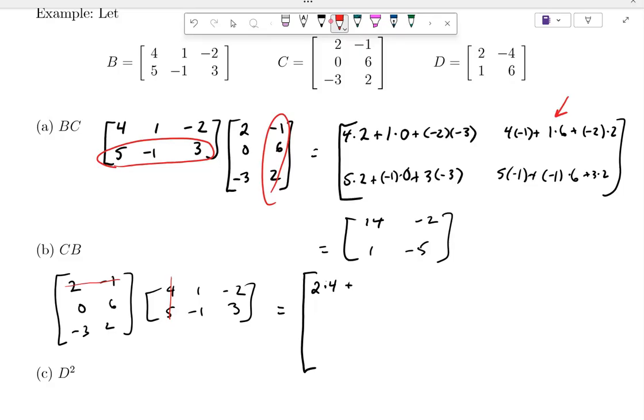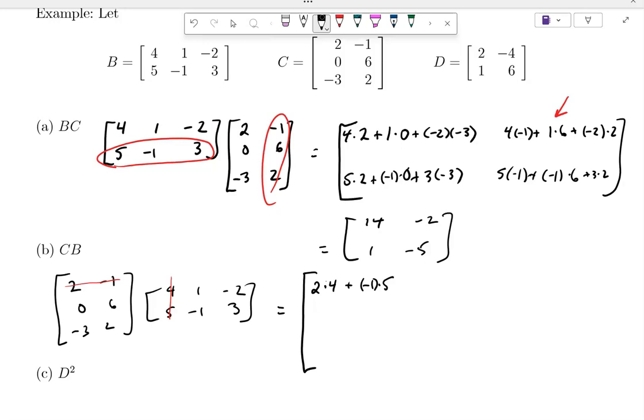So it'll be negative 1 times the 5, right? Do we see where those are coming from? We're matching the row with, and this is why the number of columns have to match the number of rows here to be able to multiply, we're matching the row with the column, right? So 2 times the 4, negative 1 times the 5.